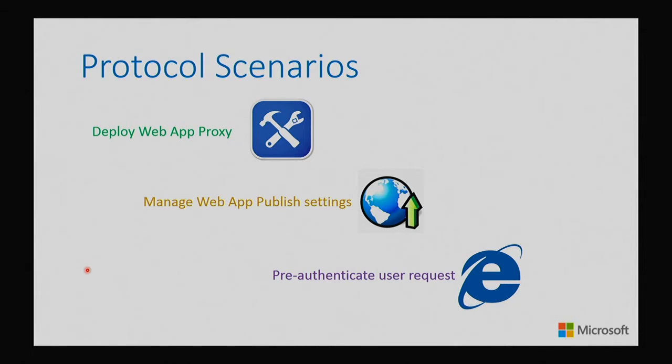And we can also remove the published information for management purposes. The last scenario is called pre-authentication. The web proxy will always redirect unauthenticated user requests to the ADFS server to make sure of the security of the web application. These are the three protocol scenarios of web proxy.